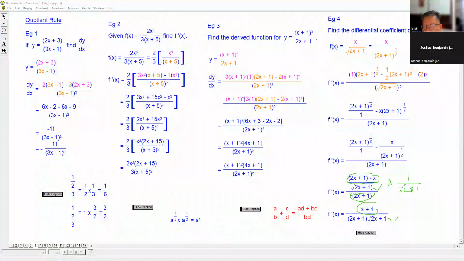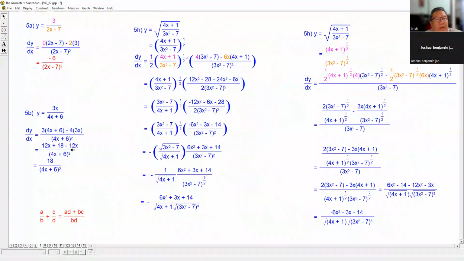When you multiply this with this, you get this one. Okay or not? So far? Okay. Then we move on.